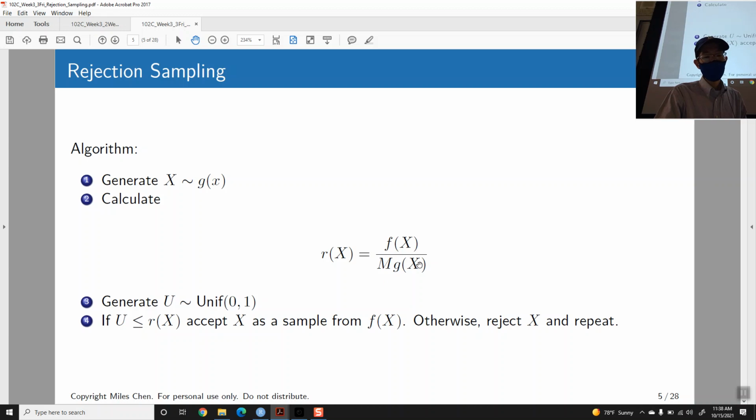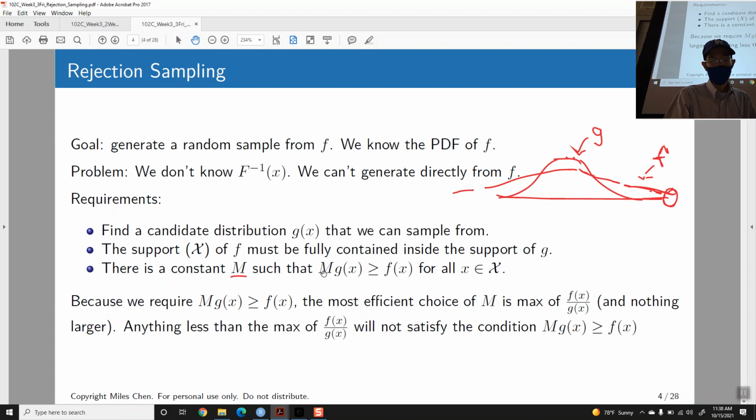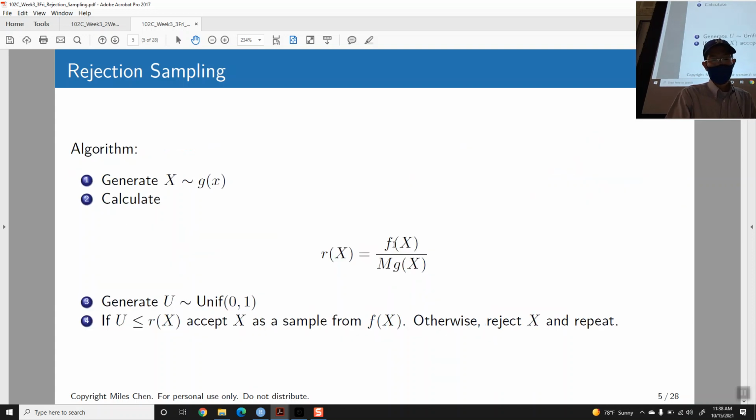This value is always going to be less than or equal to 1, because we've established that m times g is always greater than or equal to f. So this ratio, r, is going to be some value between 0 and 1.